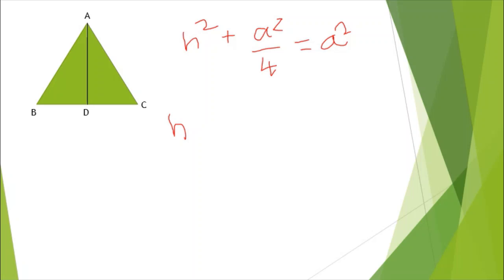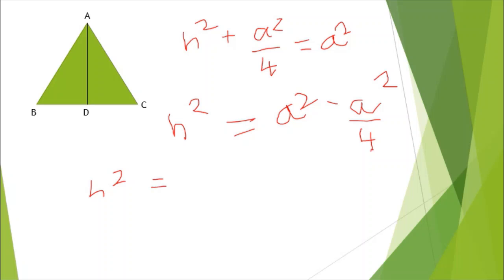So height square can be written as A square minus A square by 4. To make them like denominators, I'll multiply this A square with 4, so we get 4A square by 4 minus A square by 4, which can be written as 3A square by 4. So H square is equal to 3A square by 4.